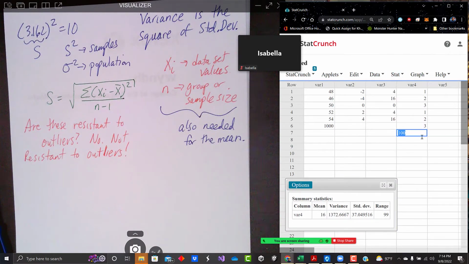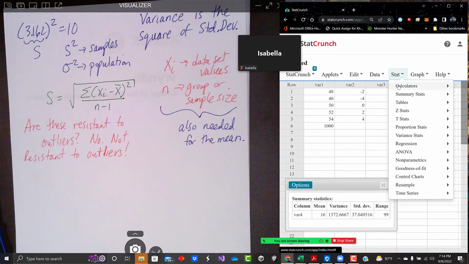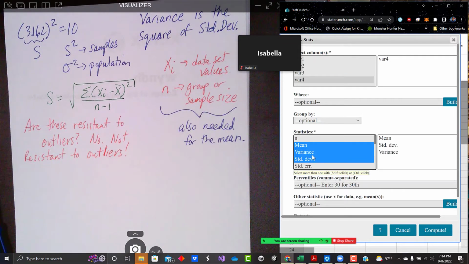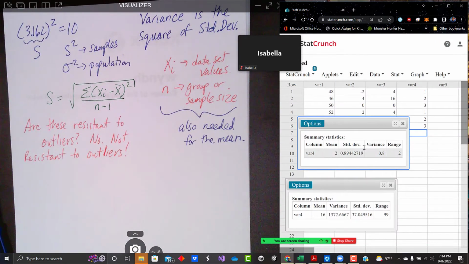Let me get rid of the 100 and redo it here. So before I added the 100, the range was 2. Variance is 0.8. Standard deviation is 0.89. All of these were hit pretty hard. The median was not.